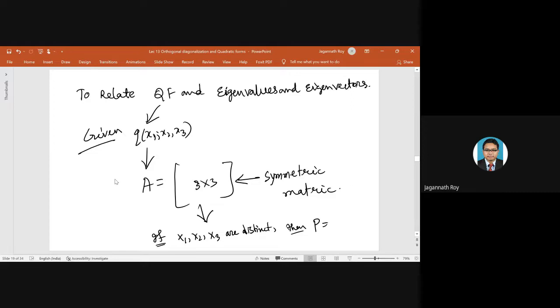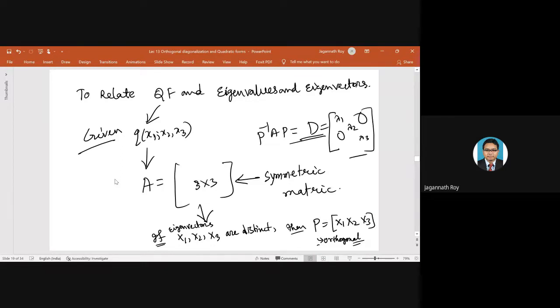The P matrix composed of the eigenvectors x1, x2, x3 is going to be an orthogonal matrix. And if we have P inverse A P, we'll get a diagonal matrix where we have lambda 1, lambda 2, and lambda 3 as the diagonal entries.